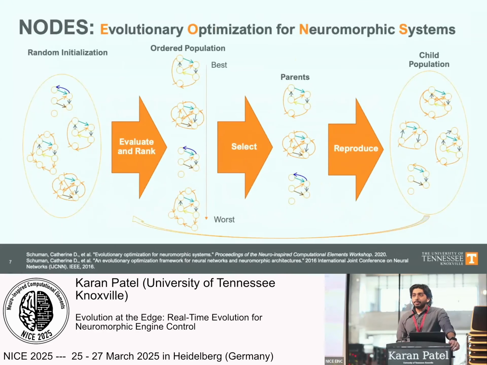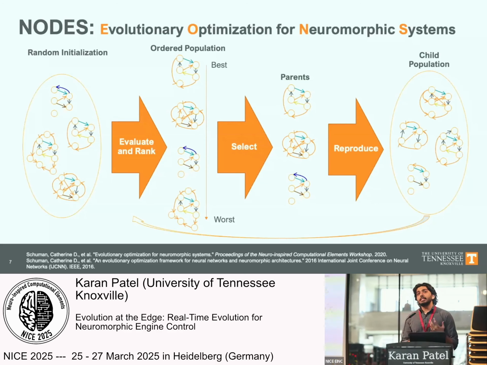Moving on, we next have the EONS process. Again, this process is responsible for training networks using an evolutionary algorithm titled EONS, or evolutionary optimization for neuromorphic systems. This algorithm begins by first creating an initial population of random networks. These networks are then evaluated and ranked using the application simulator, as well as its corresponding fitness function.